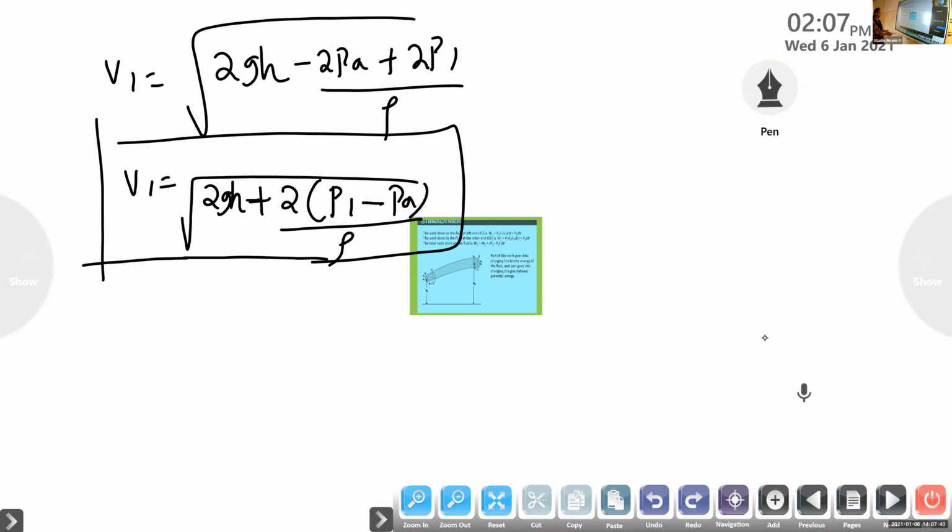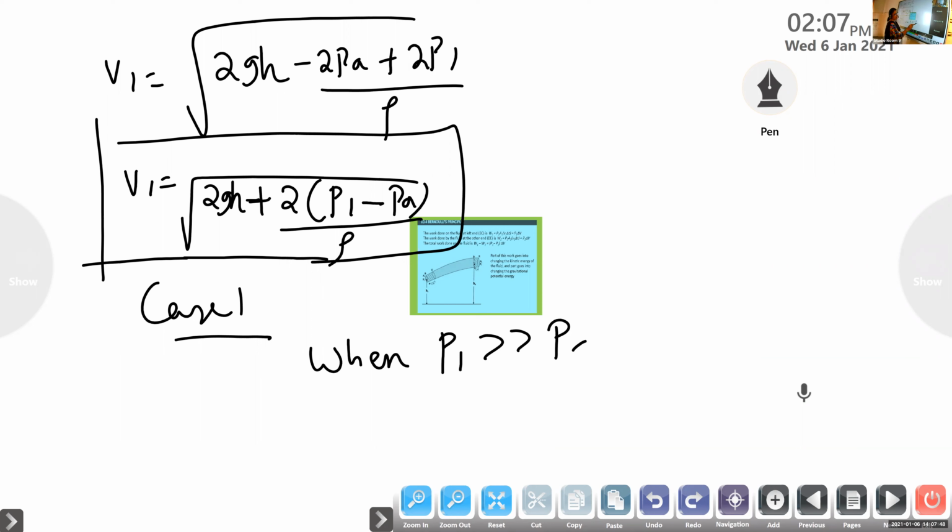So the first case we assume is when P1 is very much greater than PA. Because the area of cross section changes, this condition can occur. Instead of a large area, suppose we have a small area; naturally, atmospheric pressure may not have much effect.